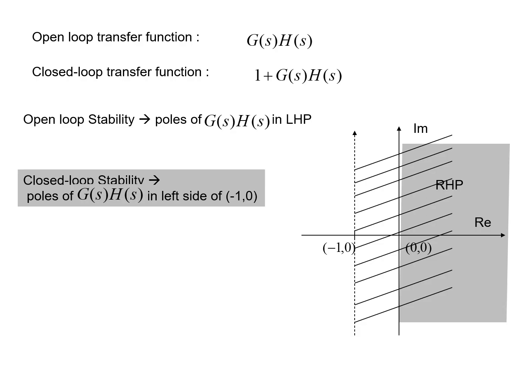That is the difference. For open loop, it is in the left hand plane, up to the imaginary axis, it must be here. But for the closed loop, it is from minus 1.0. Then it is stable.